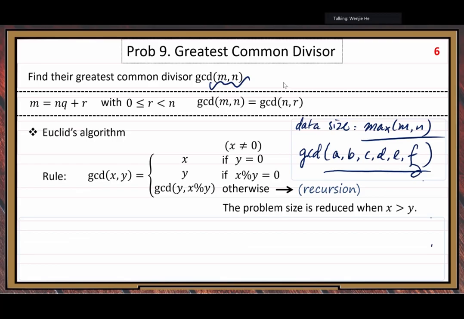The magnitude of the largest parameter. The largest one. So that's the data size here. So we finish part B. Then we need to go to part C.